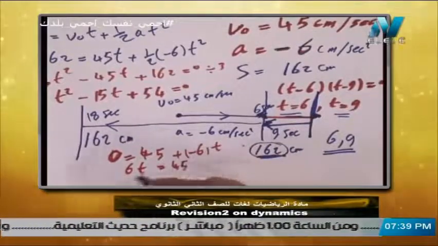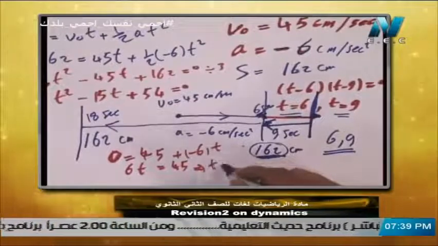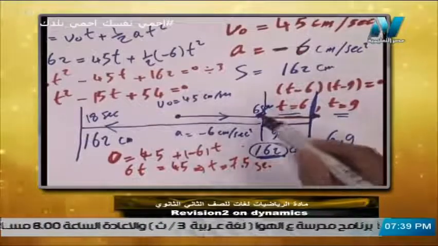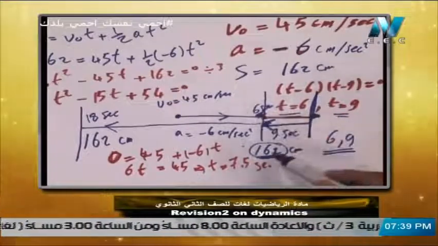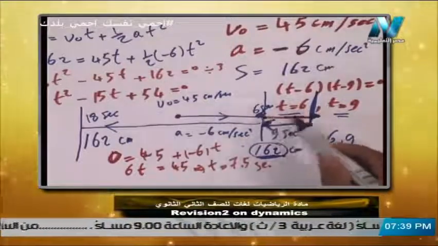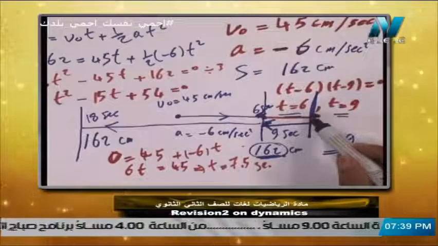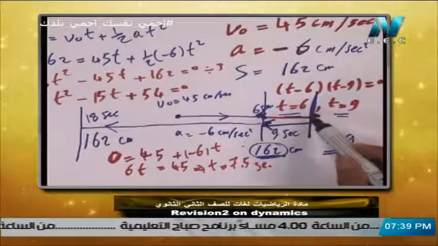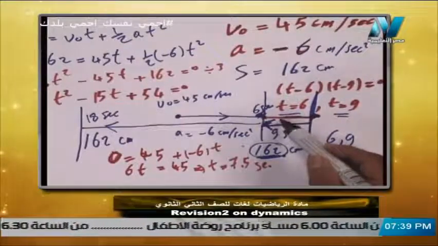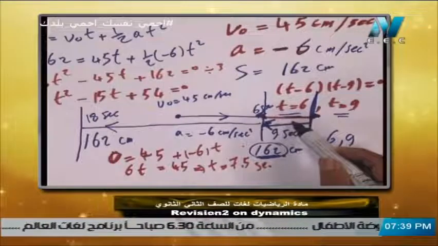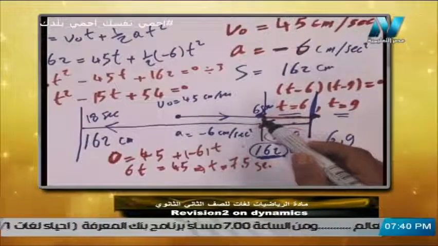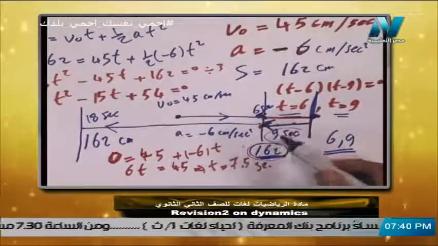By dividing 45 by 6, we get t equals 7.5 seconds. So 6 seconds in the first 162 centimeter far from the starting point, and he moved another 1.5 seconds to come to rest for a very small moment, and he returned again, taking 1.5 seconds to reach 9 seconds at 162 again. This is the second part.